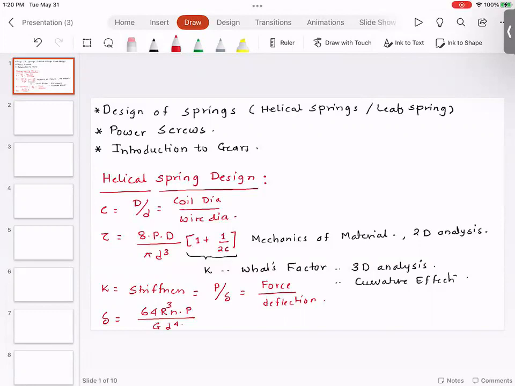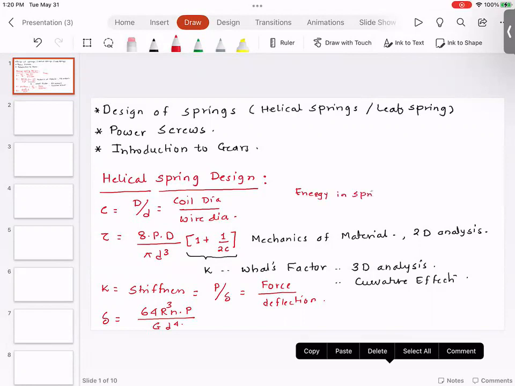And energy stored in spring, I'll just write this down. It's 1/2 K times delta square.